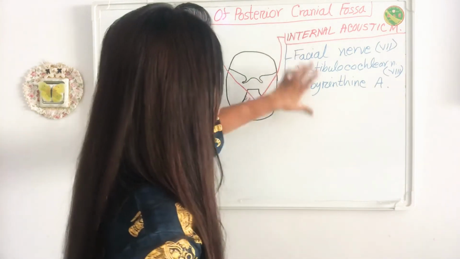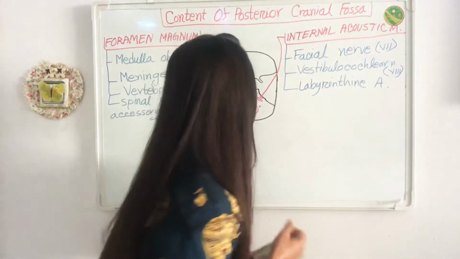So these three structures pass through the internal acoustic meatus.